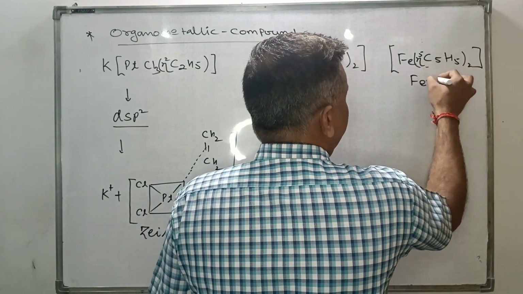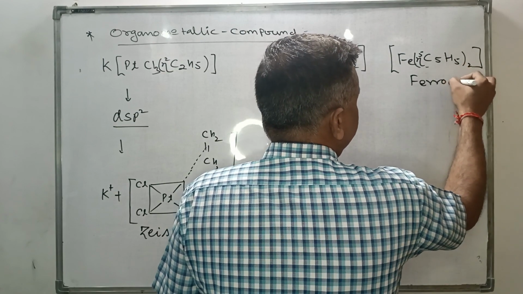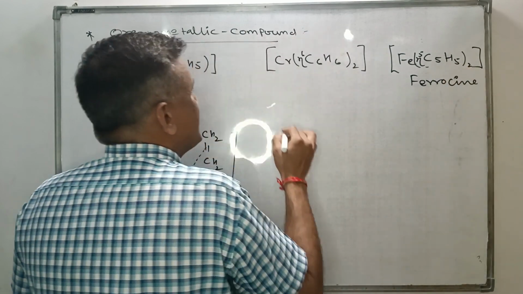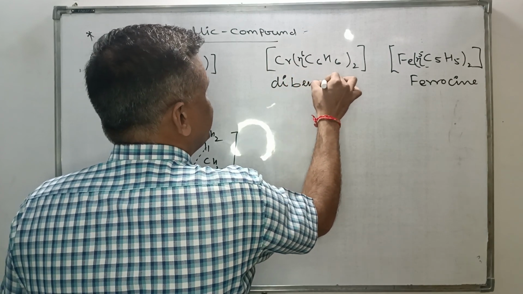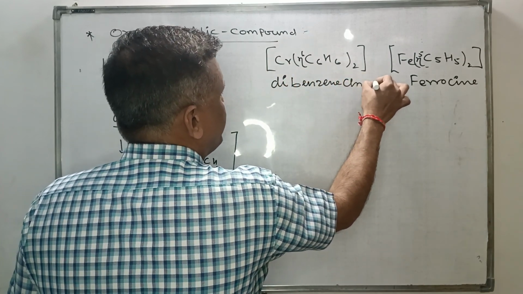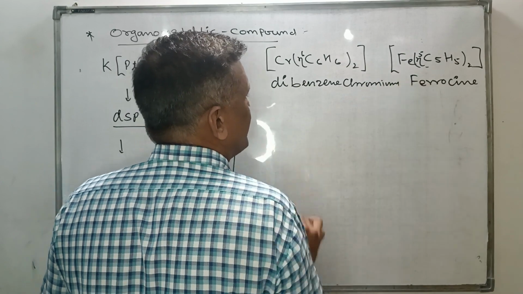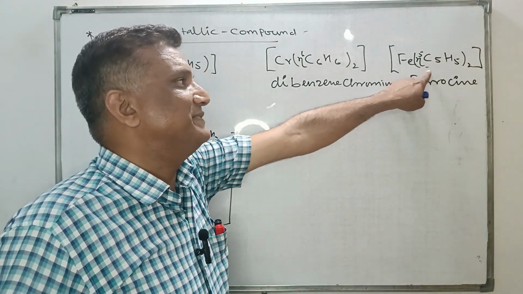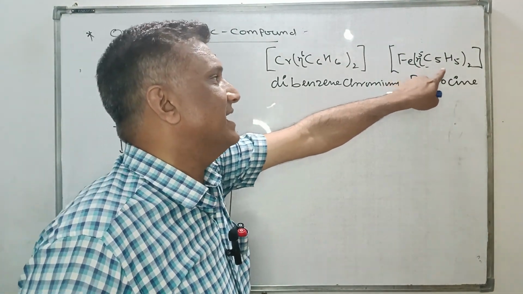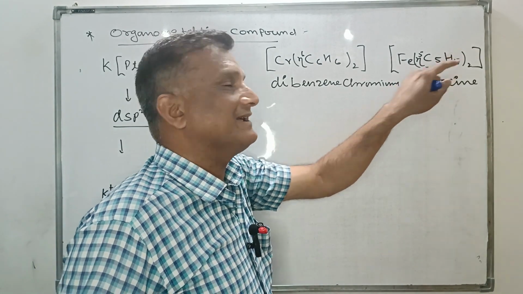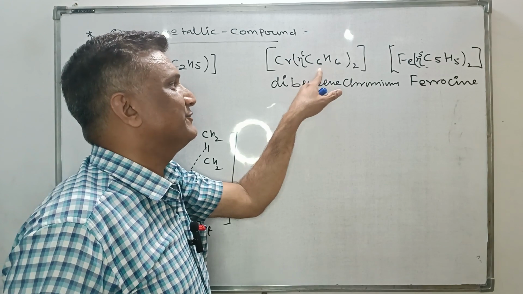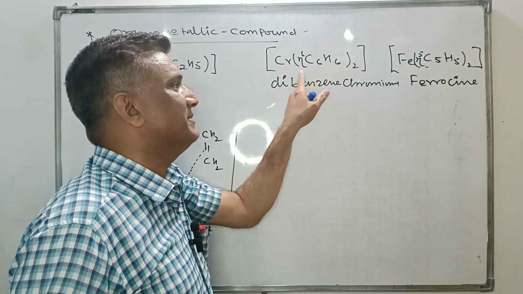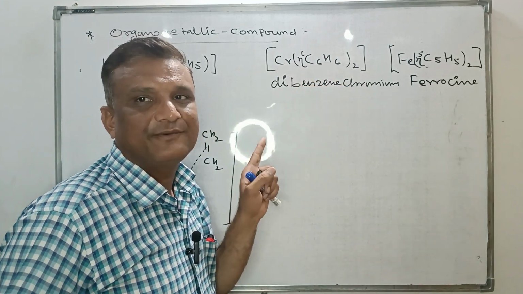Commonly it is called ferrocene, and the other is called dibenzene chromium. Ferrocene is bis(cyclopentadienyl) iron(II), and this is dibenzene chromium. The oxidation state is 0.